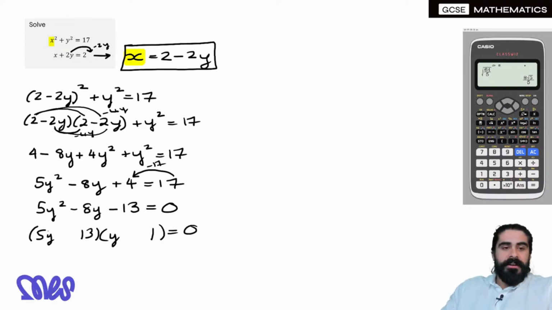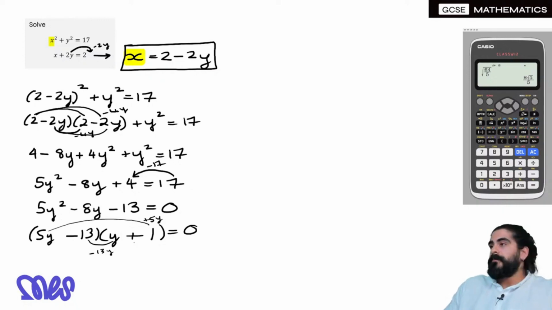Then we check. 5y times 1 is 5y. Then 13 times y is 13y. How do 13y and 5y ever make minus 8y? It's if you have minus 13y plus 5y.